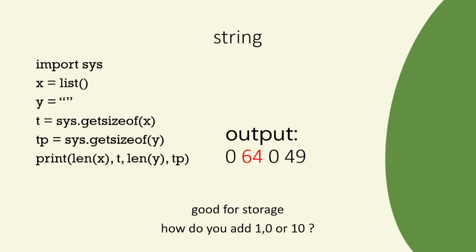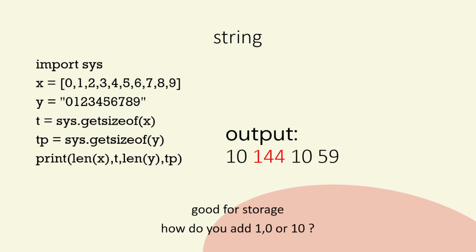We wouldn't know the difference between 5 and 0 and 50, for example. So string's a bit limited on how we're actually going to implement it. But again, you can see the size when we use 10 elements, so from 0 to 9 in a list and 0 to 9 in a string uses a lot less bytes.